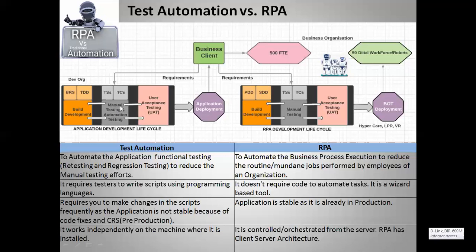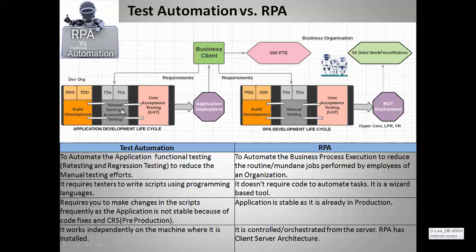The retesting should be done, and like that, as and when change requests come, the developer will make the changes in the application, and again another build would be given. So the manual testers would need to do regression testing to make sure that the existing functionalities are not impacted in the application, right?